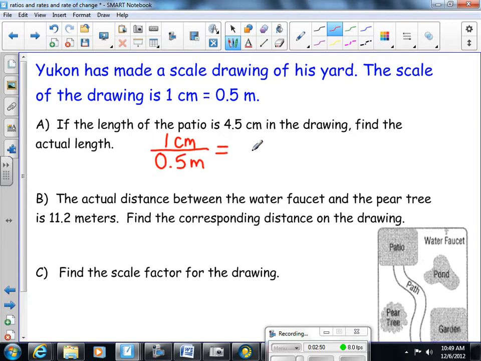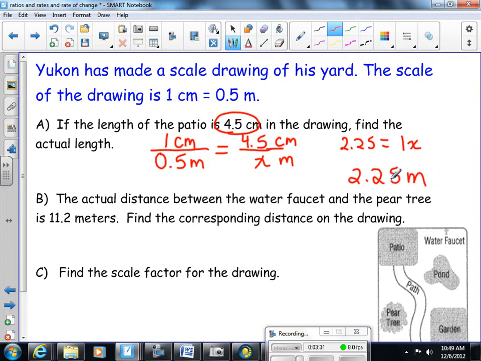And then we set it up proportionally, as centimeters in the drawing over meters in real life. So which one do I know? We know 4.5 centimeters, so it goes on top, and I get x meters. Okay, how do I solve? Do cross products. What happens when you take 4.5 times a half? 2 and 25 hundredths equals 1x, and therefore x is equal to 2 and 25 hundredths meters.